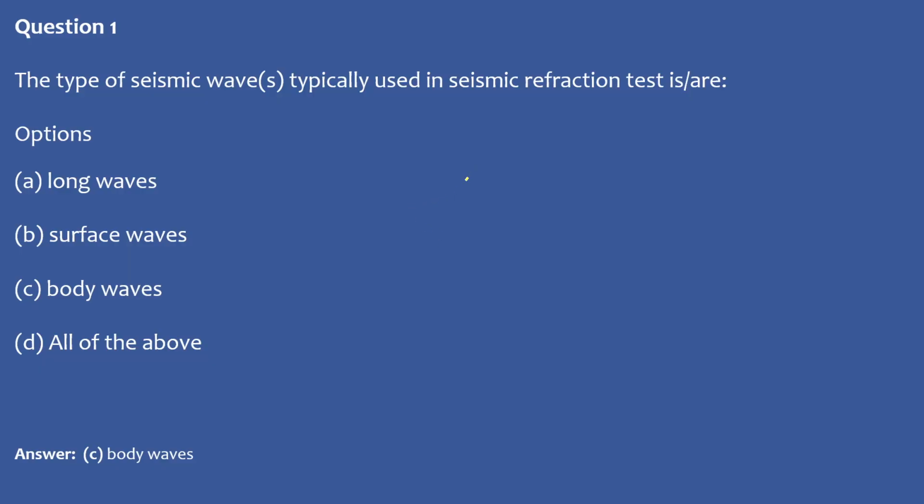Usually, assuming that this is a soil medium, let's say you have a certain source which is used to transmit the waves in the soil, and then there is another point, the receiver.